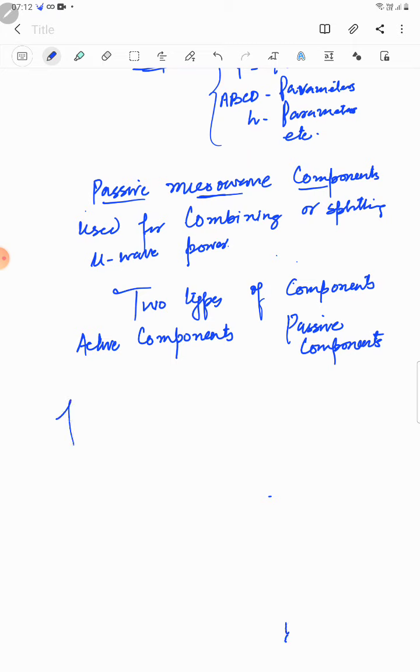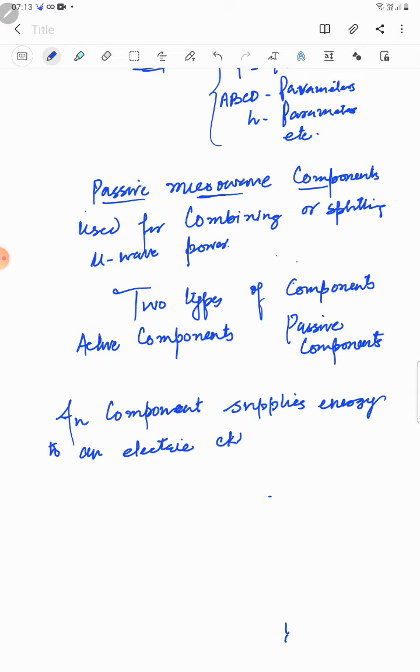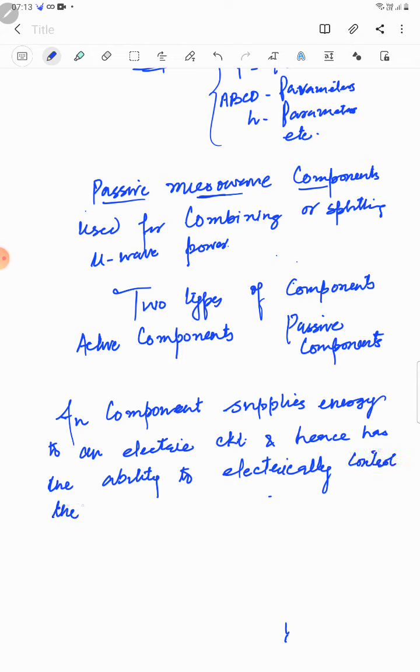An active component supplies energy to an electric circuit, and hence has the ability to electrically control the flow of charge.